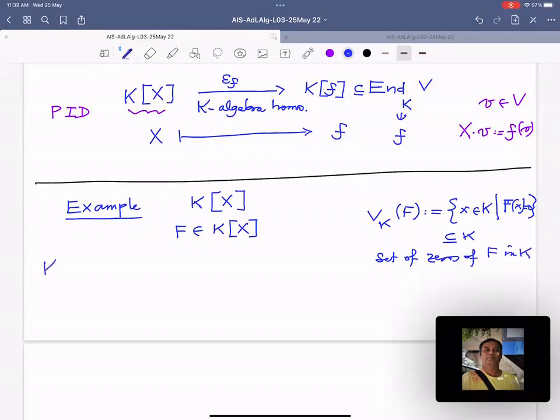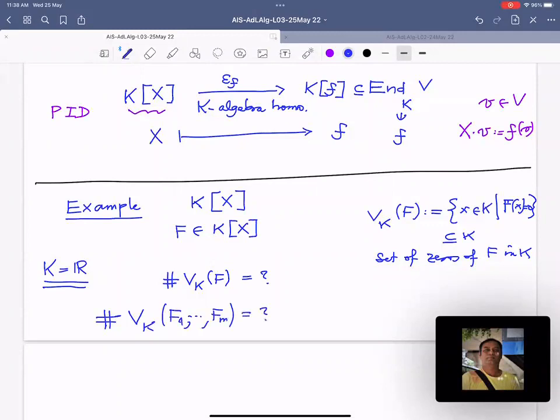So K is the real numbers, and we wanted to know the cardinality of V_K. That was the problem, and not only for one polynomial, but many polynomials in many variables. More generally, we were interested in finding this for F1 to Fm.